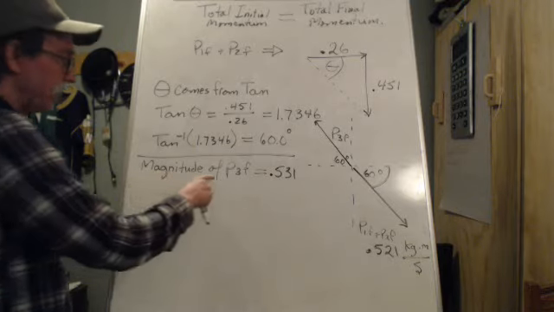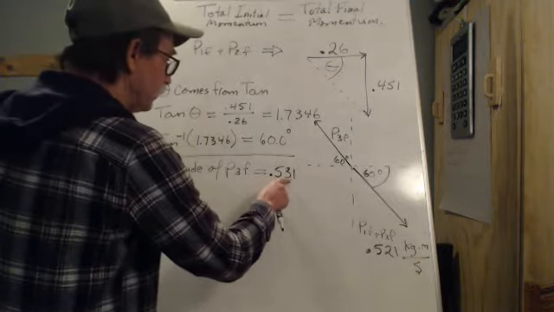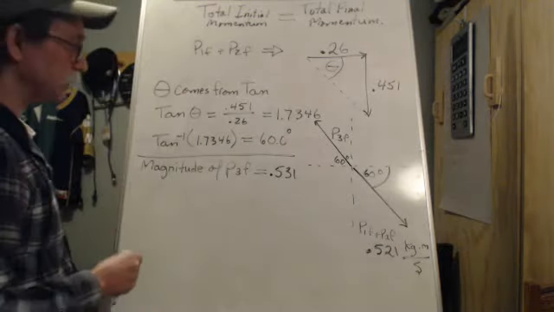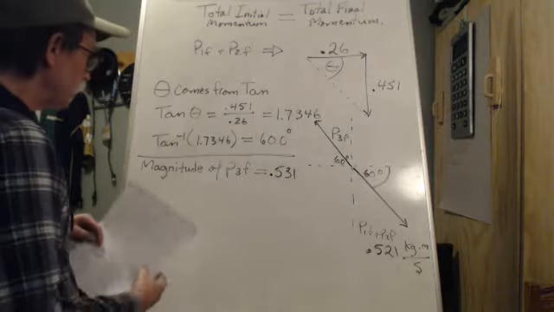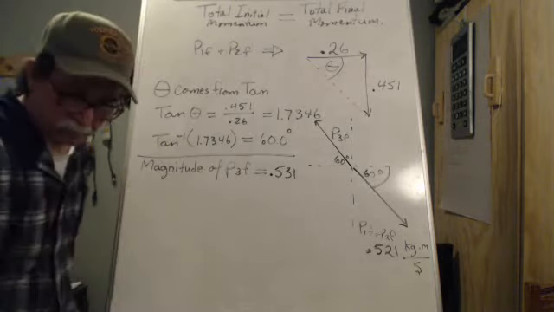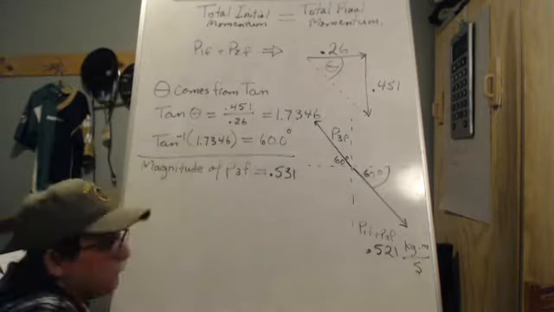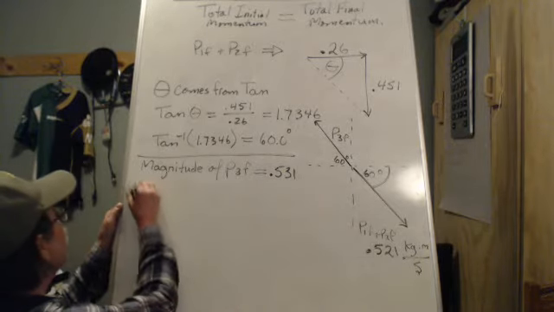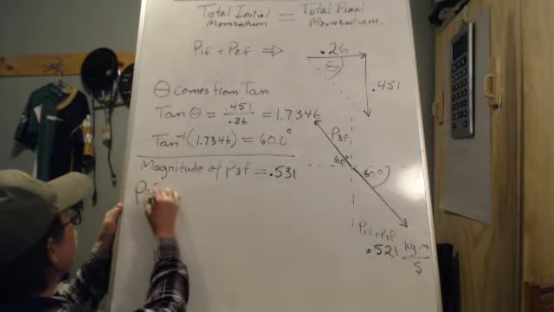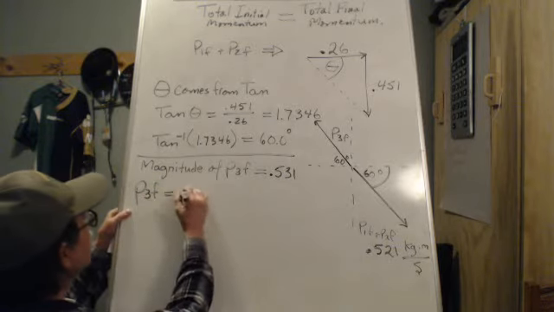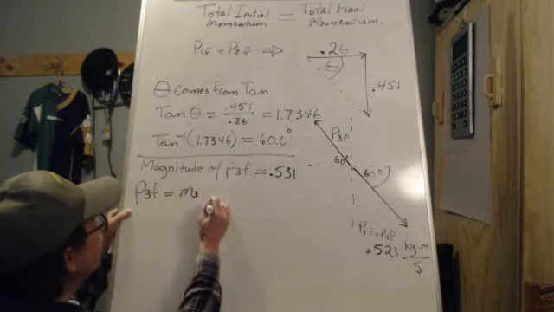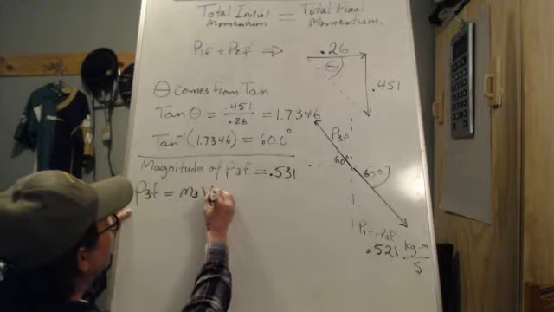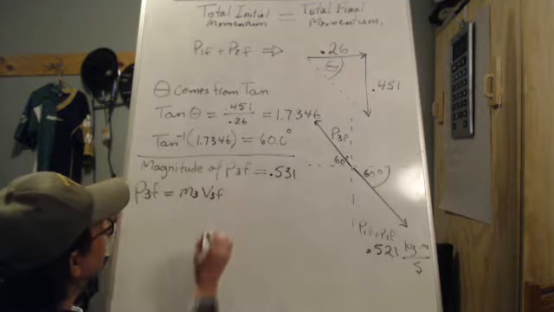Now, we don't have the final velocity of mass number 3. So let's just write our final relationship down here. So we know that the momentum is equal to mass 3 times velocity 3 final.